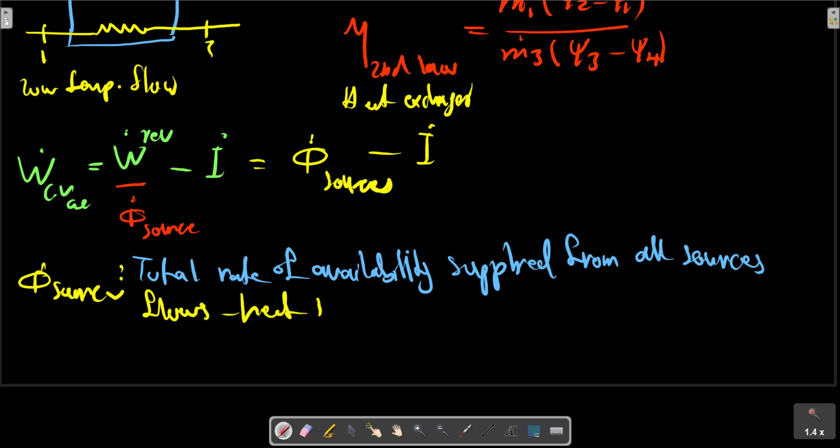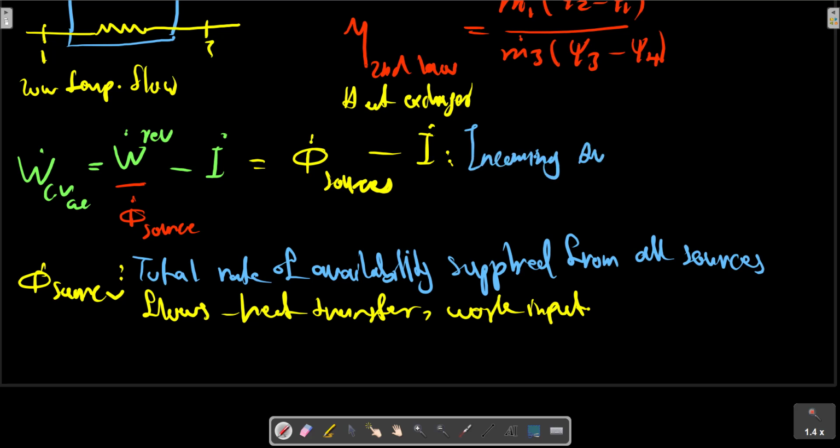In other words, the outgoing availability for the control volume equals the incoming availability less the irreversibility. Incoming availability minus irreversibility.